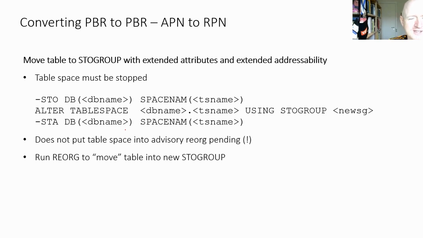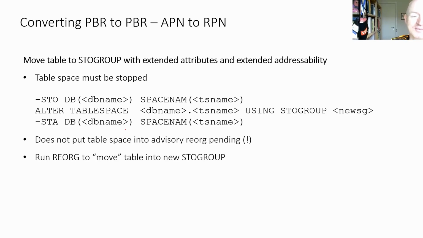What I also found interesting is that this does not put your table space into advisory REORG pending. So basically, you change the stogroup in the Db2 catalog, but it has not been materialized, and there's no external visibility that you need to actually run a REORG.